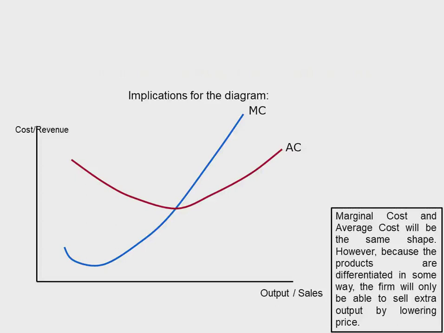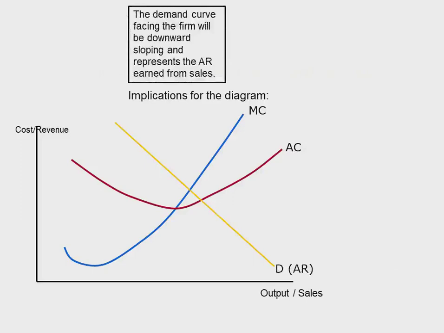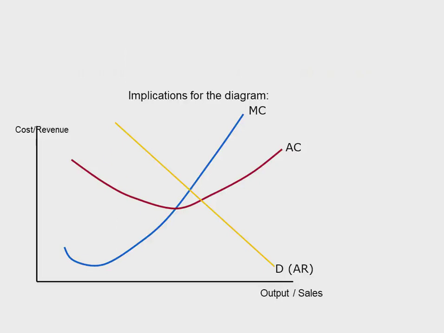However, because the products are differentiated in some way, the firm will only be able to sell extra output by lowering the price. So our average revenue is downward sloping; the demand curve facing the firm will be downward sloping, and this represents the average revenue, which is the revenue earned from the sales that the firm makes.